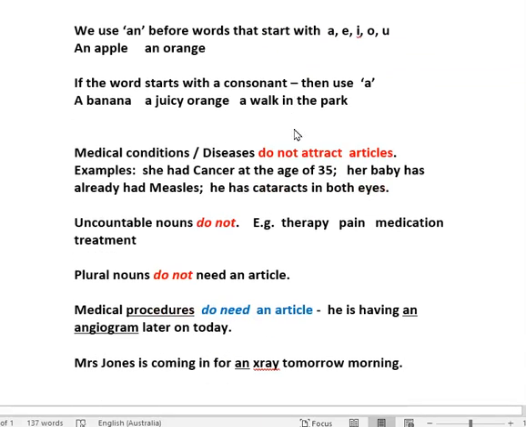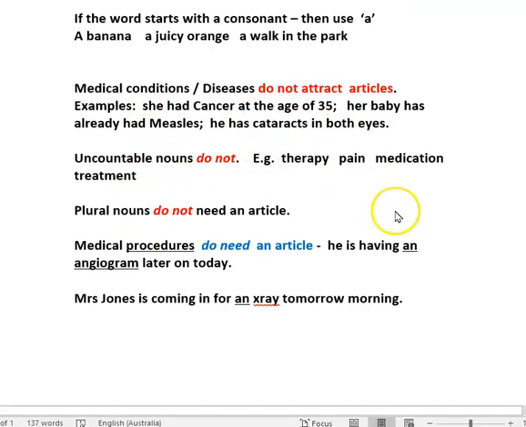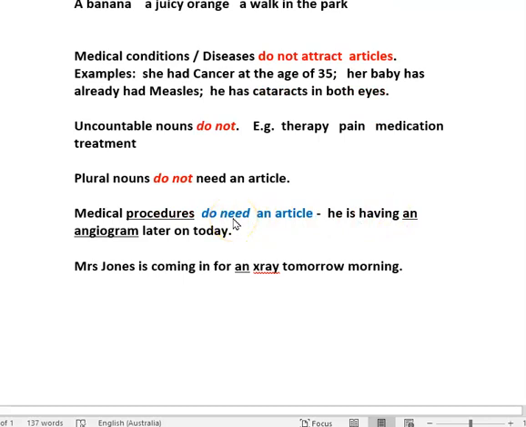Right. Medical conditions, medical diseases, uncountable nouns, plural nouns do not need articles. But medical procedures do. Right. So we're going to have a little quiz about this at the end of this writing.